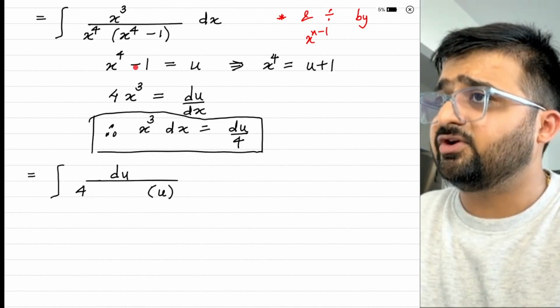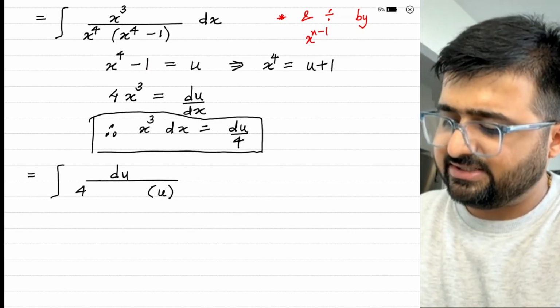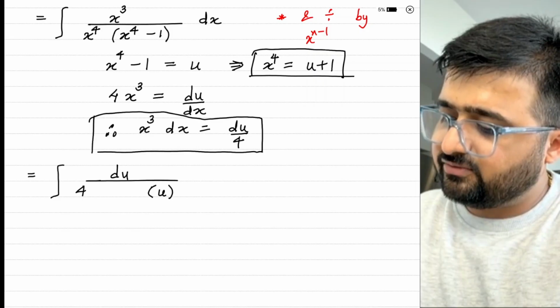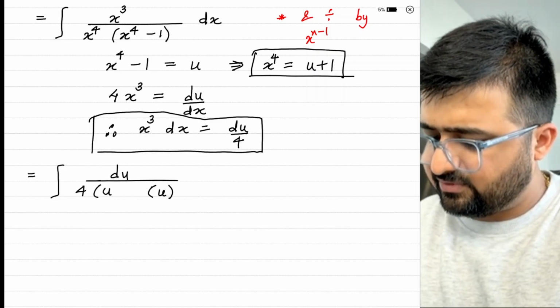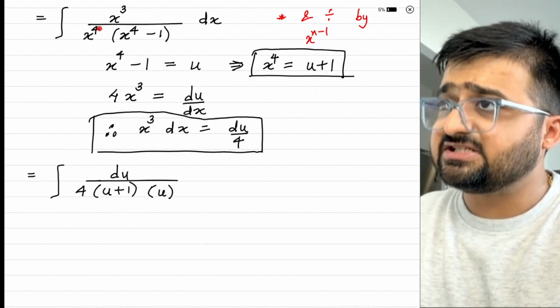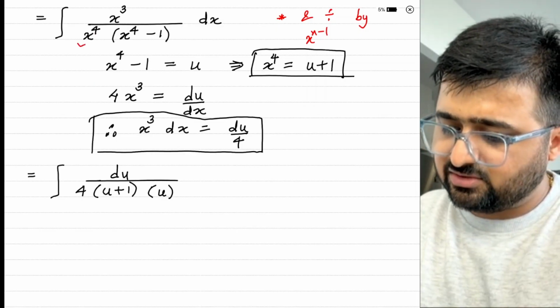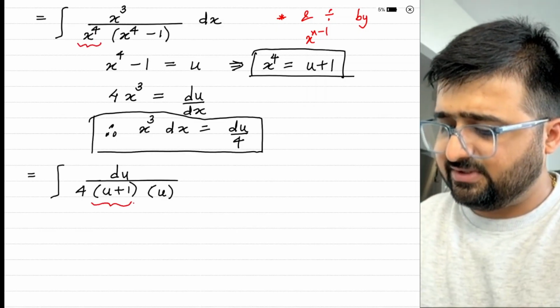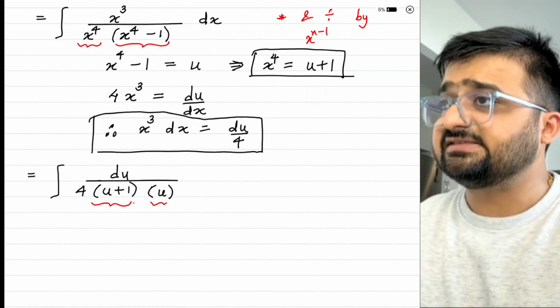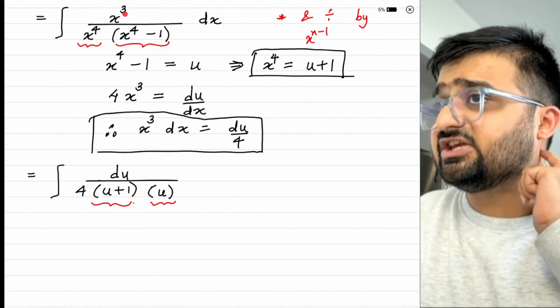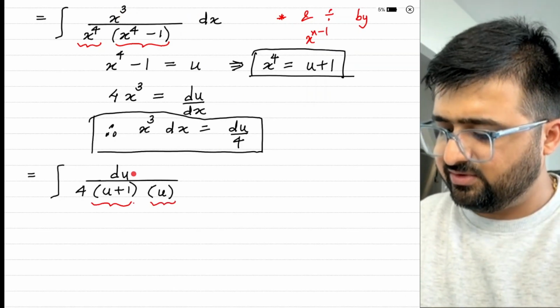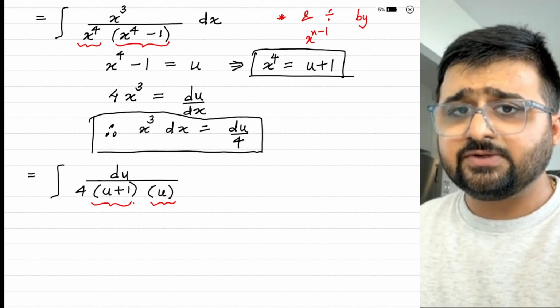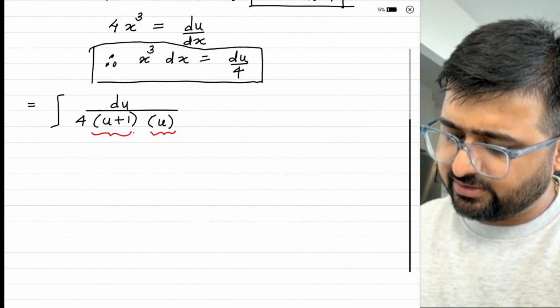If you just add 1 on both sides, or take that minus 1 to the right hand side, x to the power 4 is u plus 1. So we have u plus 1. This term over here, x to the power 4, is this u plus 1. This term is this u, and x cube dx is nothing but du divided by 4. So that's how we convert that integral from the x world to the u world.